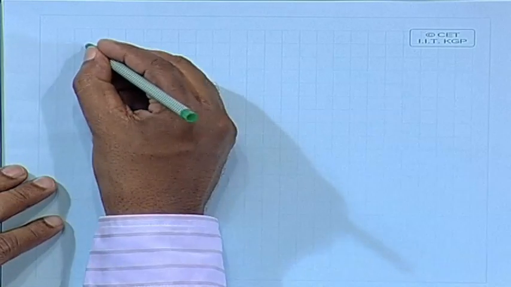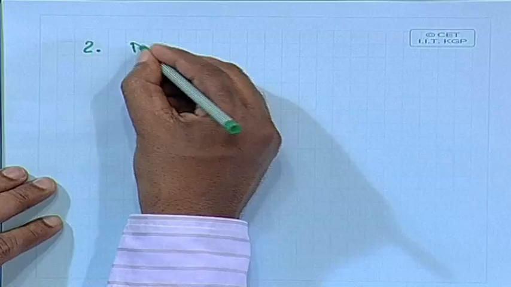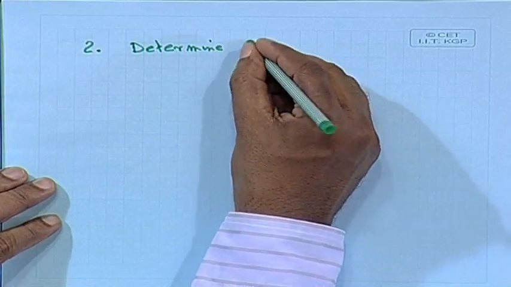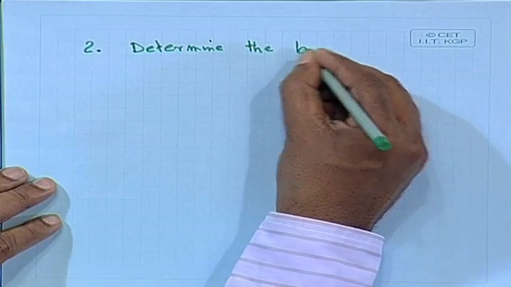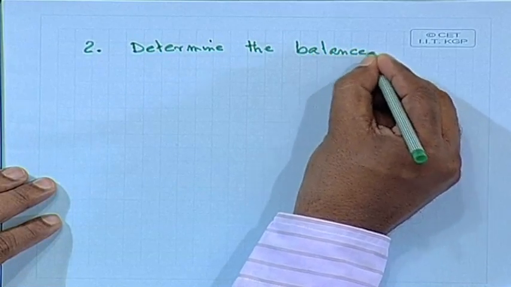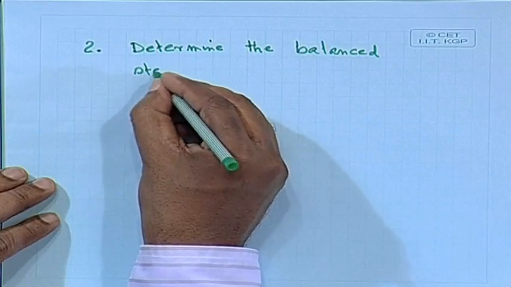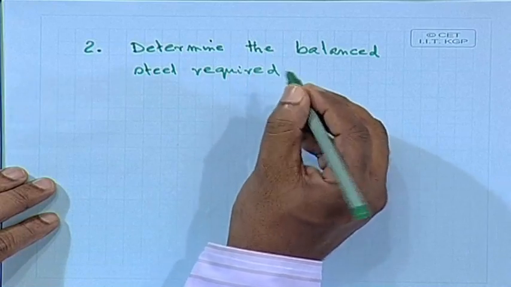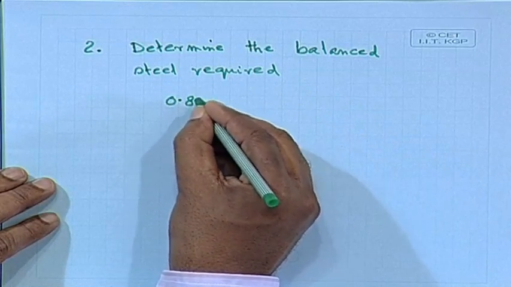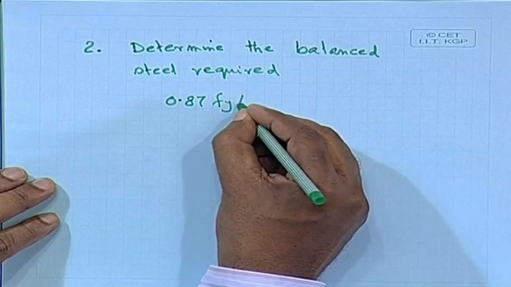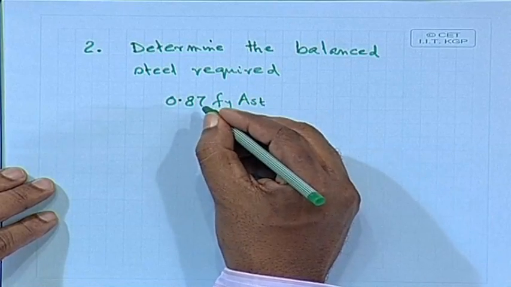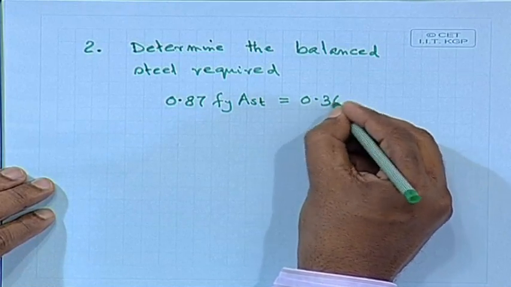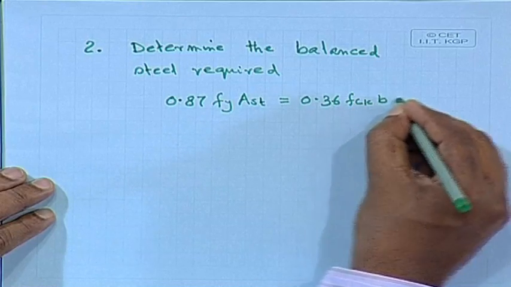Step 2: determine the balance steel required. We shall use the formula that 0.87 fy Ast, the steel also having reached the maximum stress, equals 0.36 fck b xu.